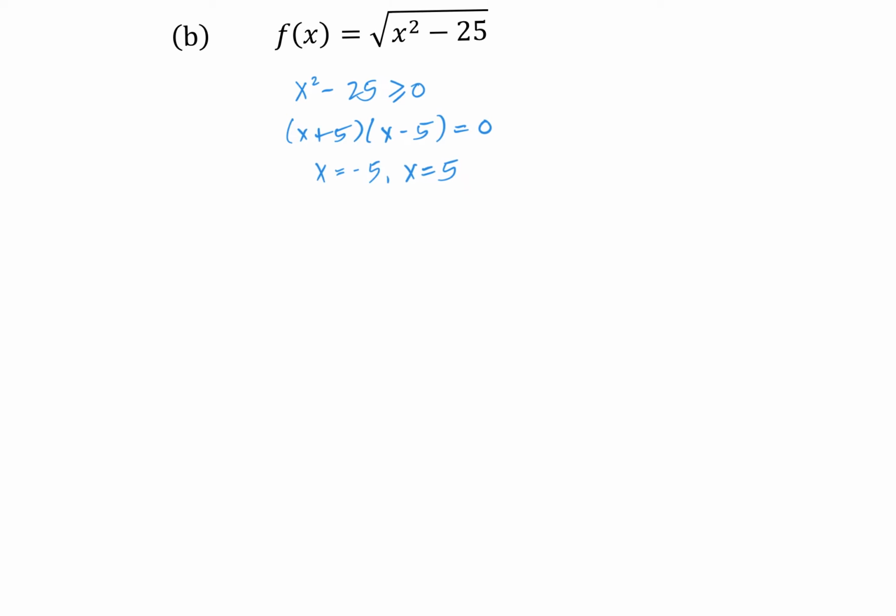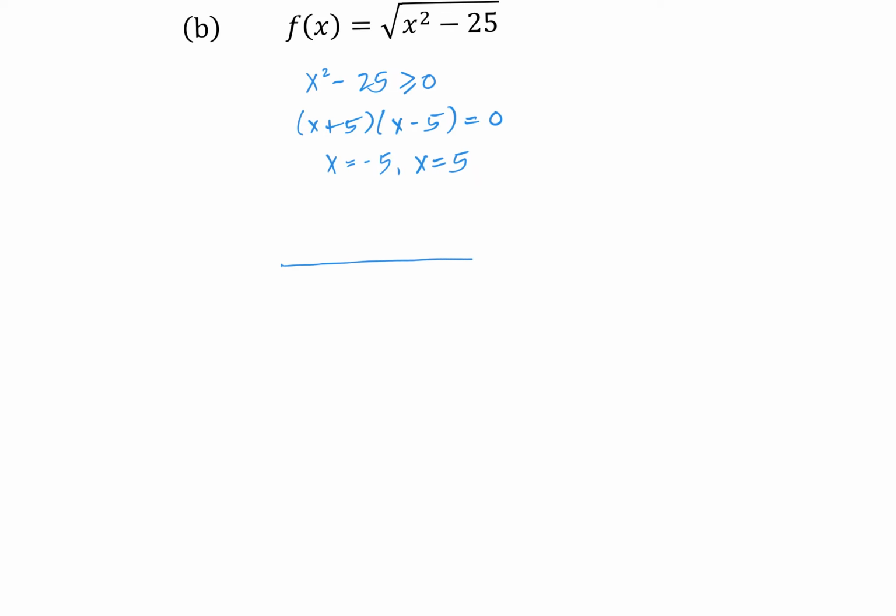Those would be the points that we would use to break up our number line. And then we can use the -5 and the 5 if we put that in. So remember, we're putting these values into the inequality. If you put in 5, you get 0 greater than or equal to 0, which is true, and -5 would give you 0 greater than or equal to 0, which is also true.